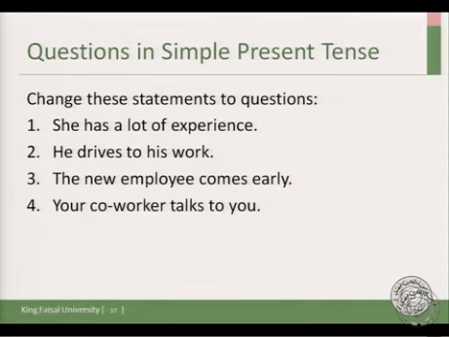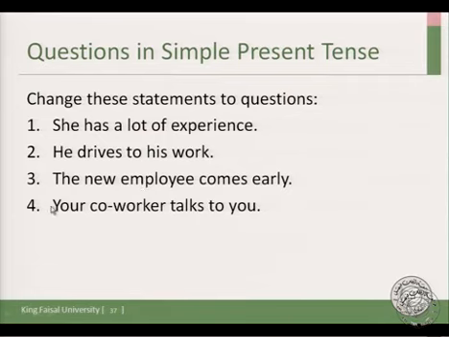With she, he, or it, we use does in the beginning of the sentence. Does she have a lot of experience? And again, the verb becomes have. The verb becomes have, and if it has s, we delete the s. Does he drive to his work?